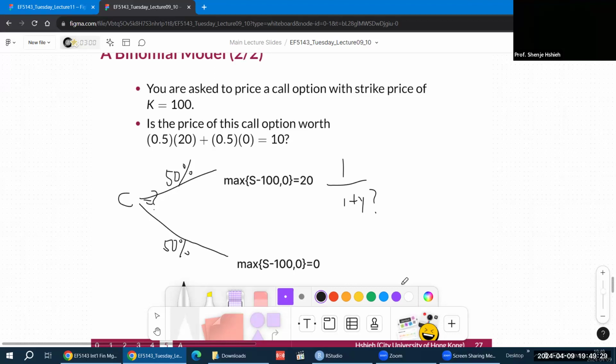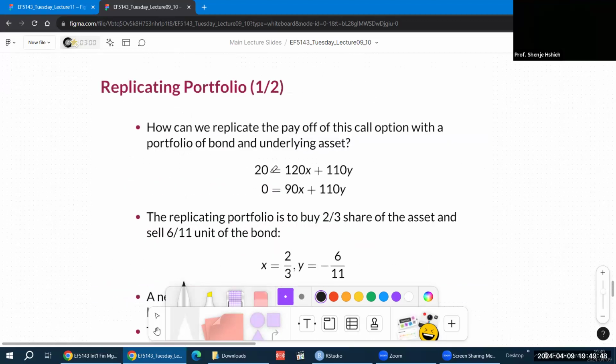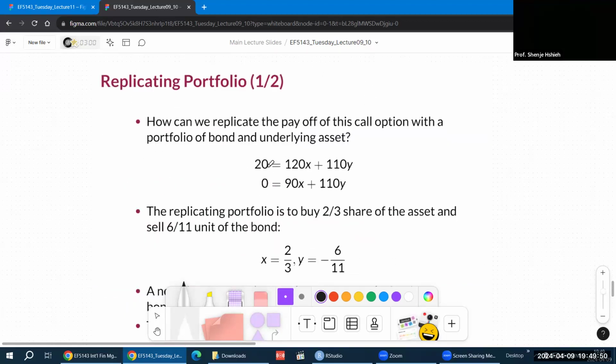So that's what we're going to do. We're going to hold some portfolio of bonds and stocks to get precisely this payoff of 20 and 0, given the up state or down state. You can model this with linear algebra, or you can just solve it by hand.